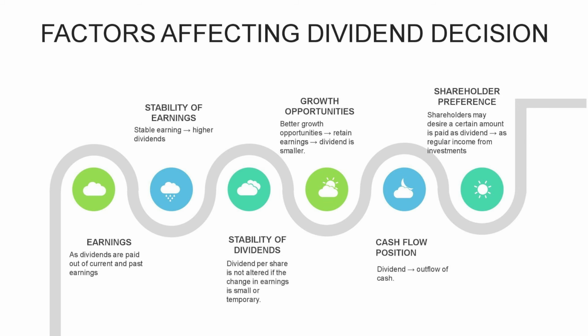Cash flow position of the firm has to be considered, because paying dividends means there will be an outflow of cash. Shareholder preference is also to be considered, because many a time the shareholders of a particular firm make this a source of their income, and they expect that the firm pays regular dividends from time to time, so that it will be a part of their income for the future.